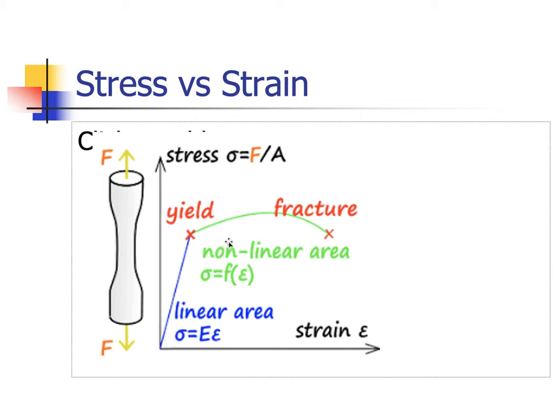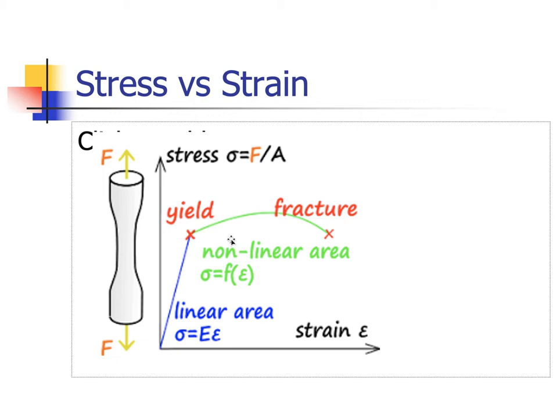It might be the same strength if it's a certain kind of aluminum. Like a high strength aluminum would have the same strength, let's say, as a lower strength steel, but it will elongate a lot more under that same load. Okay, so it's got a lower modulus of elasticity.